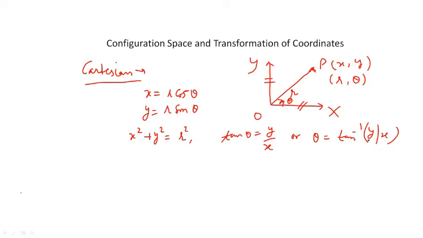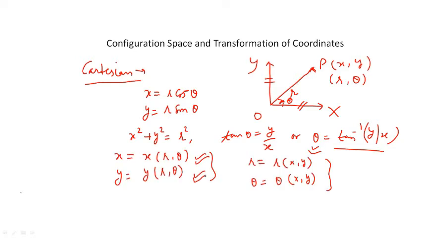Because here you see that the polar coordinate theta can be written in Cartesian coordinates, and you can write r also, so the polar coordinates can be written in terms of the Cartesian coordinate system. Here we have considered a two-dimensional case.